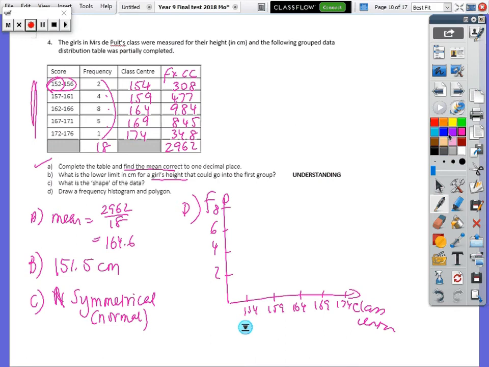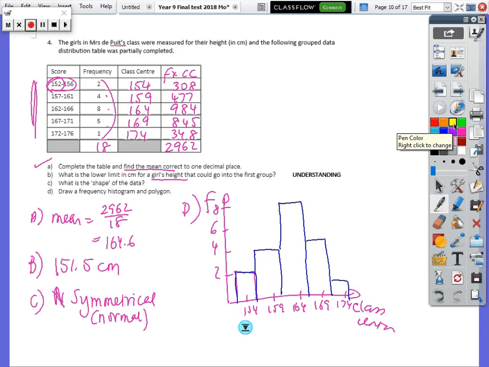You should do it accurately. So that's the histogram, and then the polygon just joins the centre of the blocks. Okay, and that's that part done.